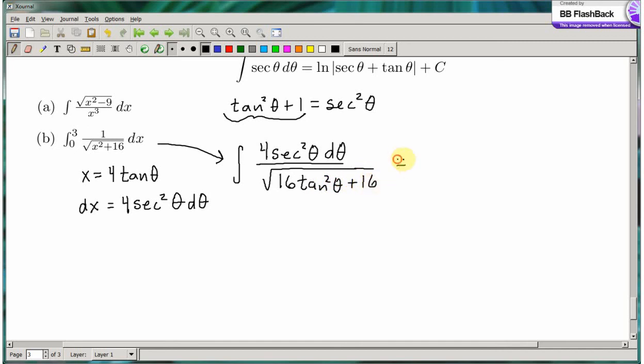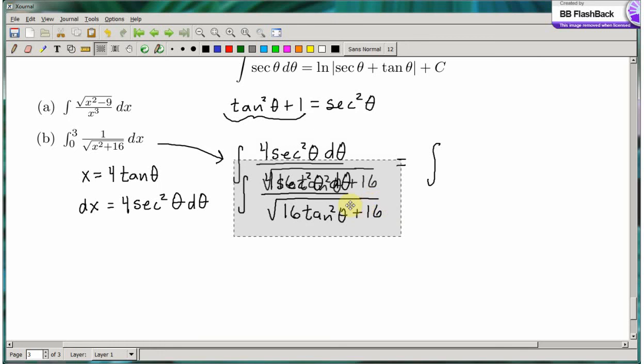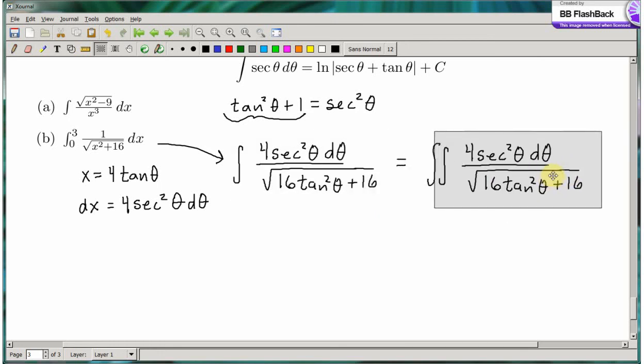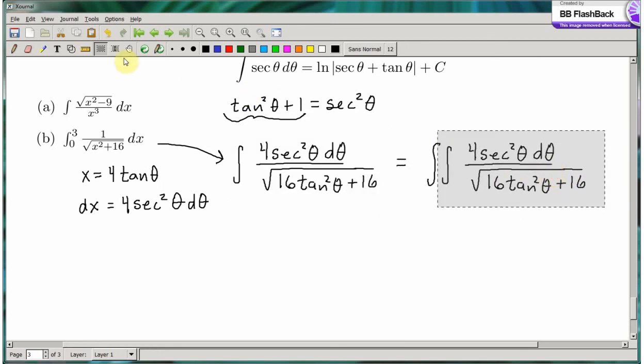I'm going to cheat: copy, paste. You just have to make a little change. It's not worth rewriting everything.